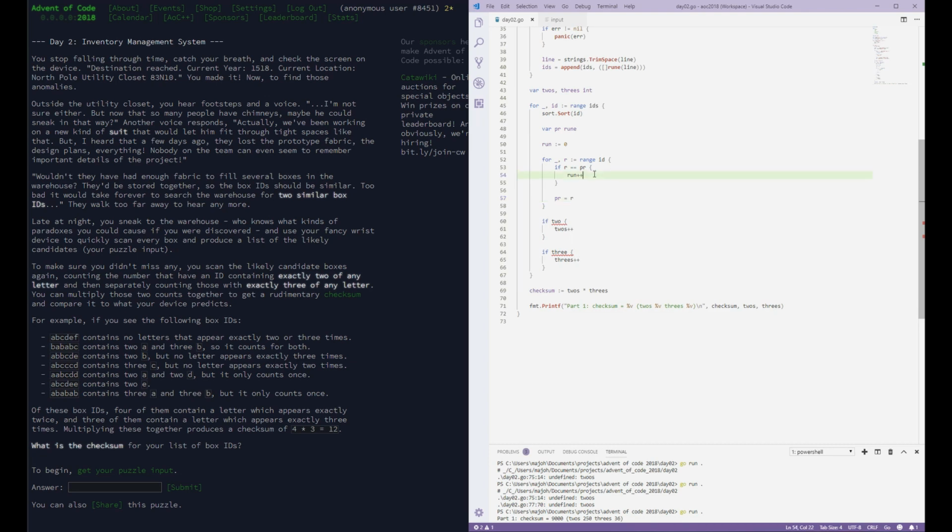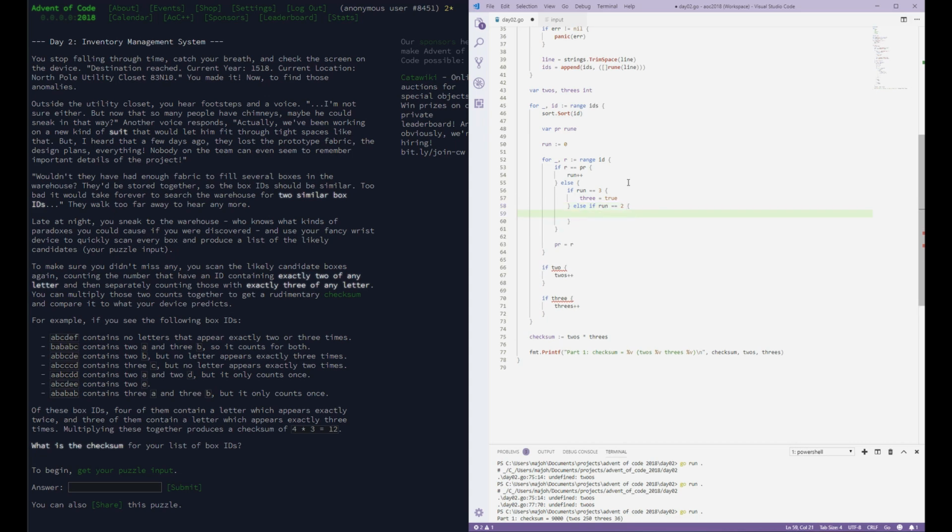And in the else case, the current rune didn't match the last one, so we check how long the run was. If run equals 3, then 3 is true, else if run equals 2, then 2 is true.